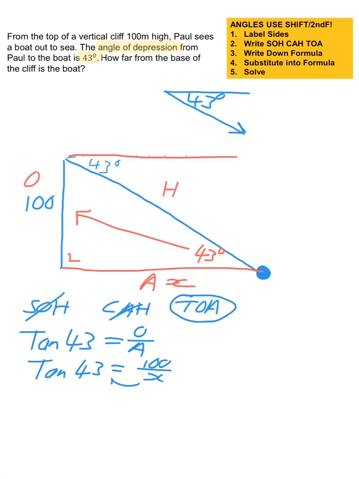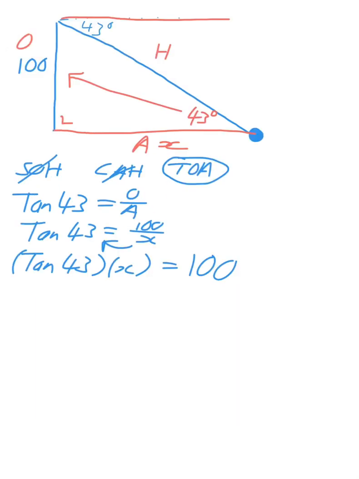Now, let's bring the x up. So tan 43 times x is equal to 100. So tan 43 is in front of x, so we'll divide by that. So x is equal to 100 over tan 43.